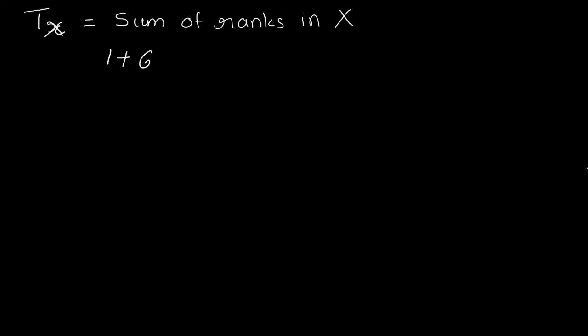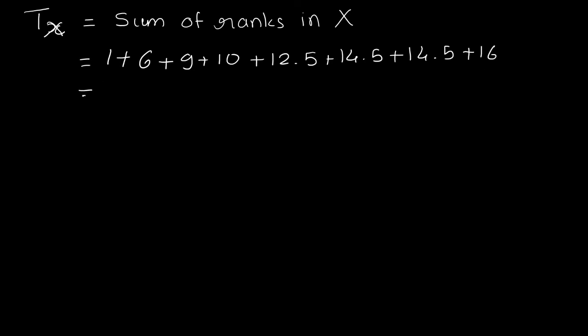All these things I will add. So 1 plus 6 plus 9 plus 10 plus 12.5 plus 14.5 plus 14.5 plus 16. These are my tx values, that is sum of the ranks in x, and this addition comes out to be 83.5. Now similarly I will define my ty.